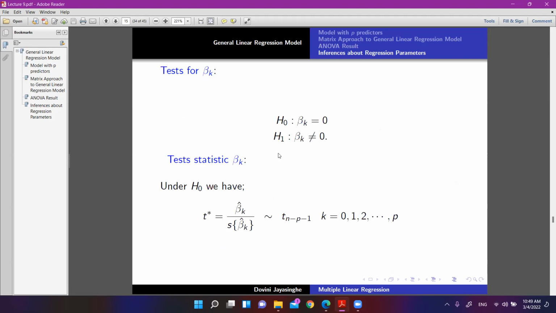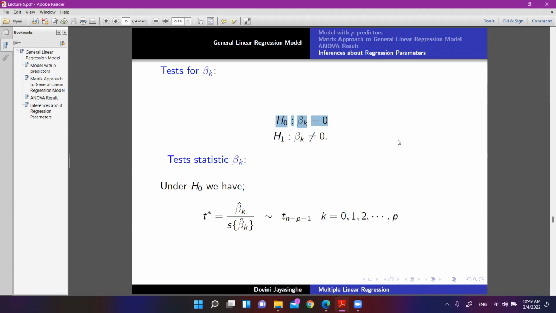No, they are two different hypotheses. First, we do the ANOVA f test. If H naught is accepted there, we don't have to do this. Even if we did this, we are going to accept H naught for all the betas, because we initially said that all the betas are equal to 0.